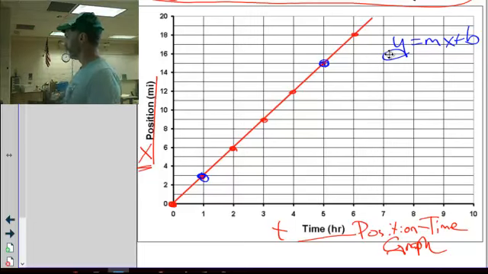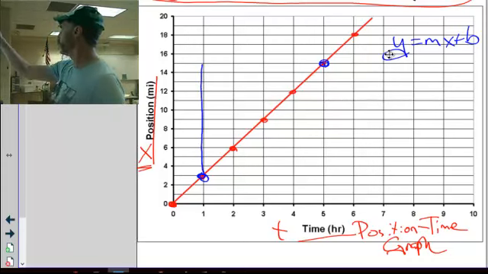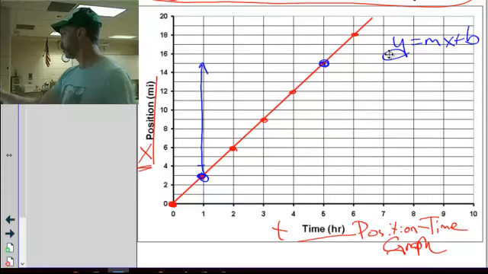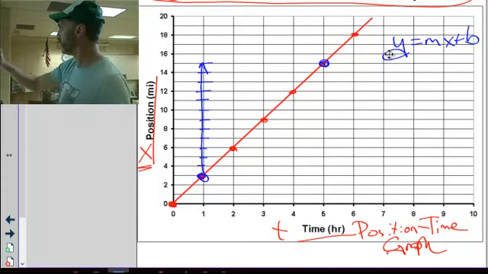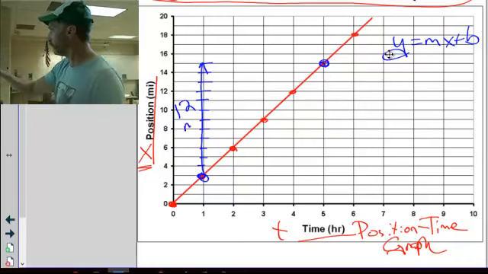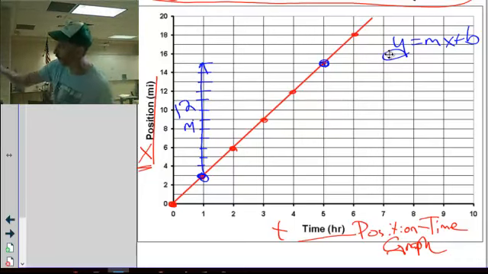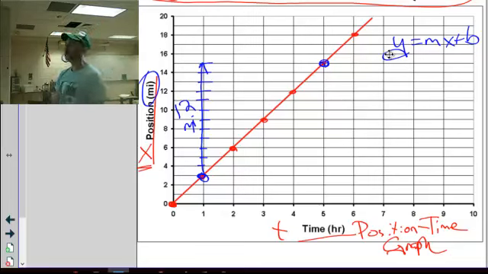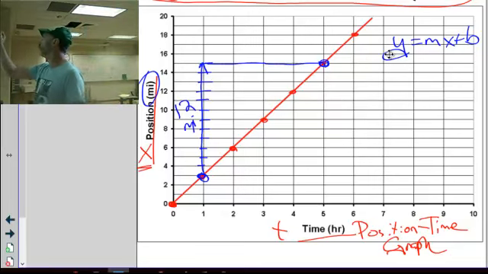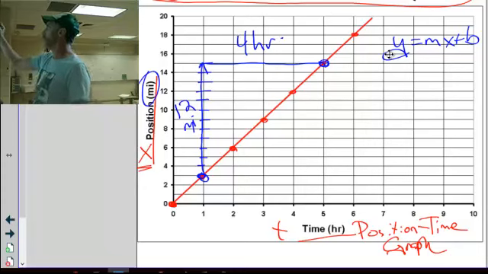Okay. And so if I do that, then my rise is, well, let's see, 1, 2, 3, 4, 5, 6, 7, 8, 9, 10, 11, 12. So my rise is 12 miles, right? So rise over run. My run is 1, 2, 3, 4 hours, right?